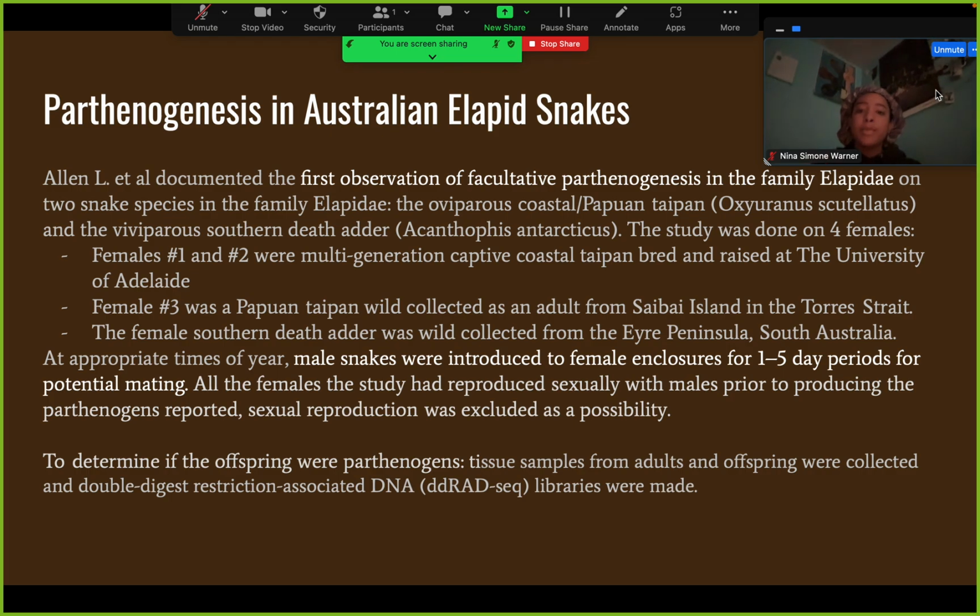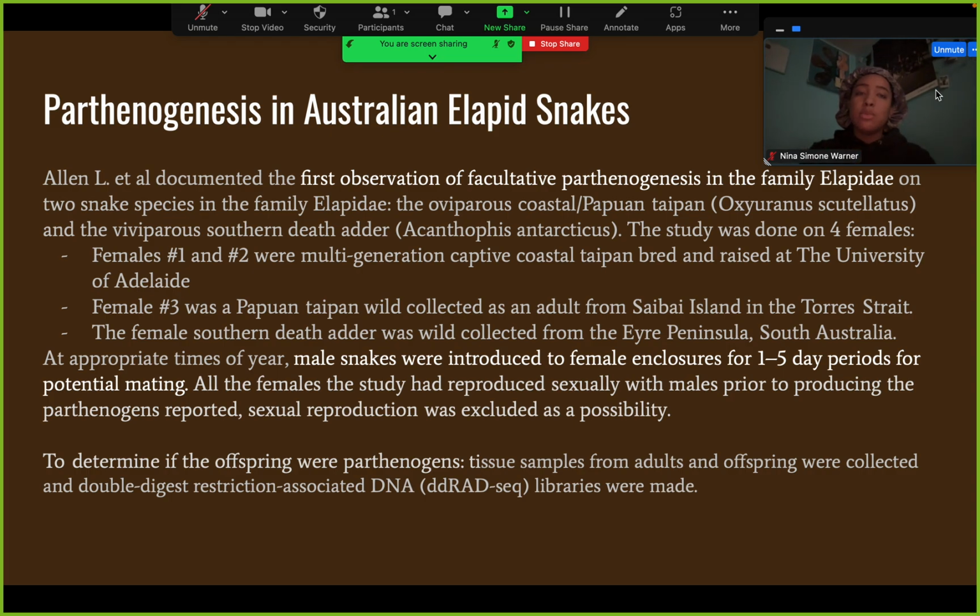So similar to the other study, since these snakes usually have males in their population, the experiment was done inside the university, so it wasn't done out in the wild.